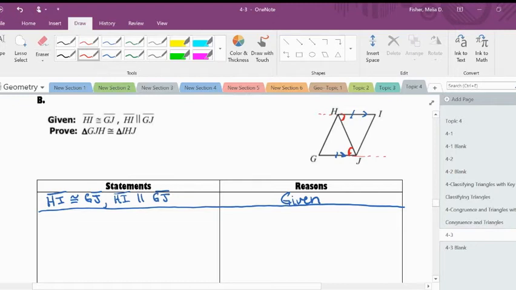So I'm going to state that angle IHJ is congruent to angle GJH, and my reason is alternate interior angles theorem.